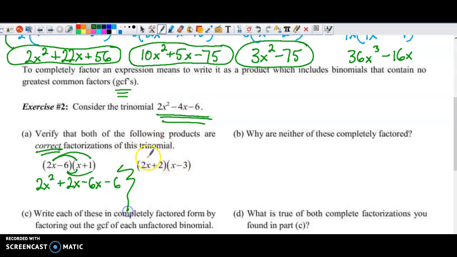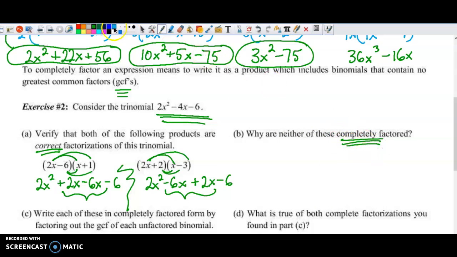But if I did the next one, we get 2x squared minus 6x for the outside terms, plus 2x minus 6. And notice the similarities between these two things. So they are both correct, but they're not completely factored, because if you look in it, we have greatest common factors inside each piece.